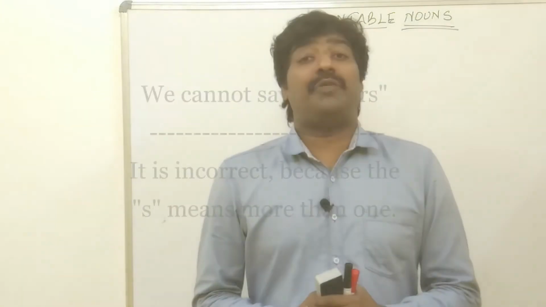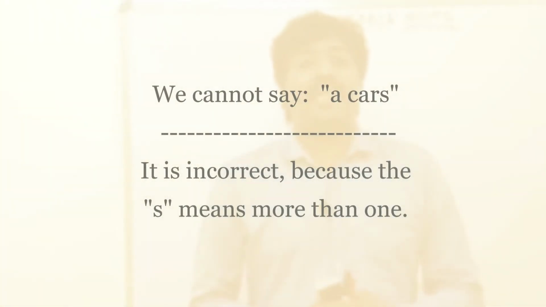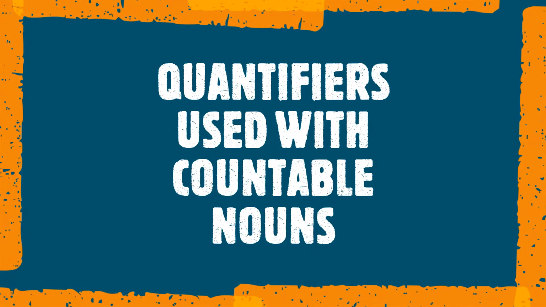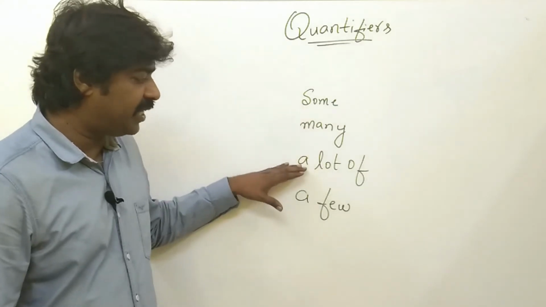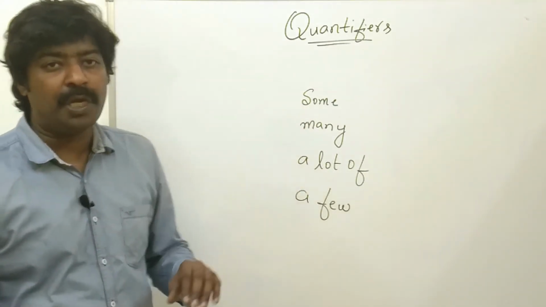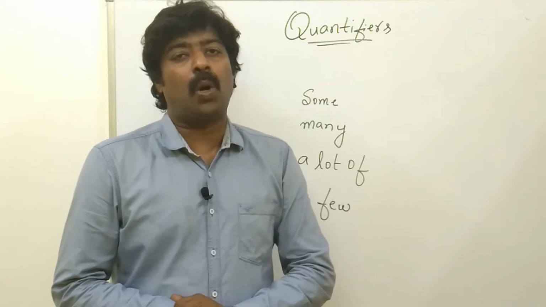So notice that we shouldn't put indefinite article a or an in front of a plural noun. We cannot say a cars. A quantifier is a word or a phrase which is used before a noun to indicate the amount or degree.